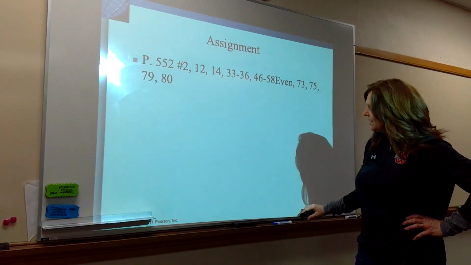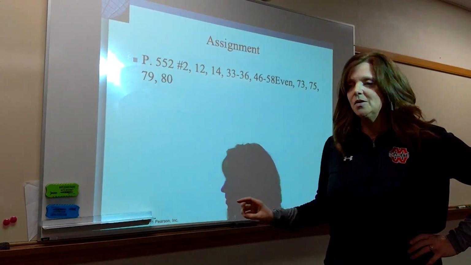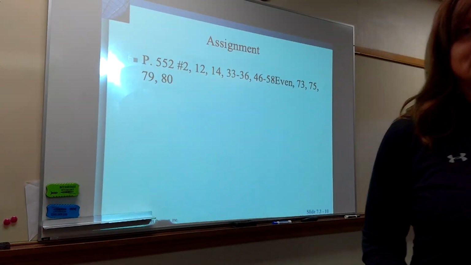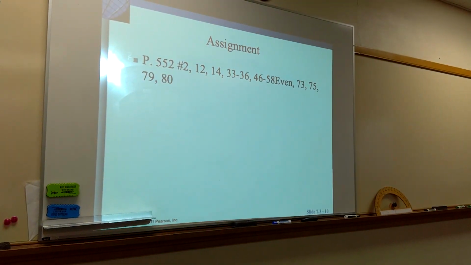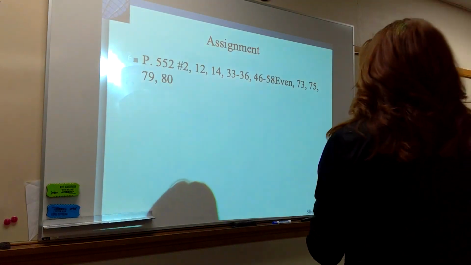Whoa, this is not the right assignment. I thought I had updated that assignment. So let me just quickly check on what that assignment is supposed to be. Sorry about this.